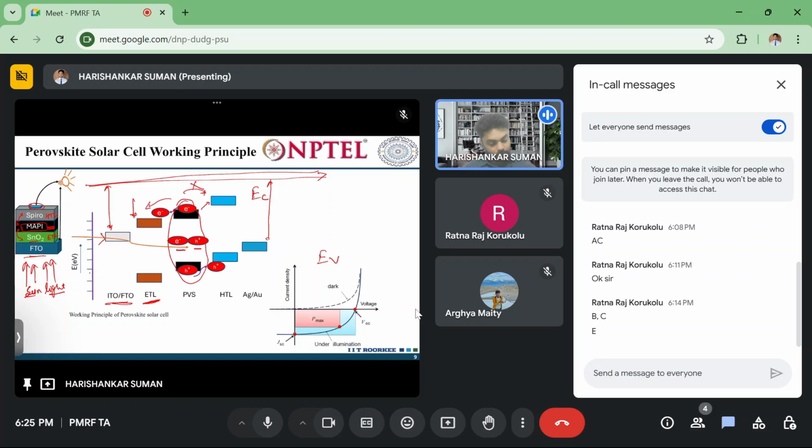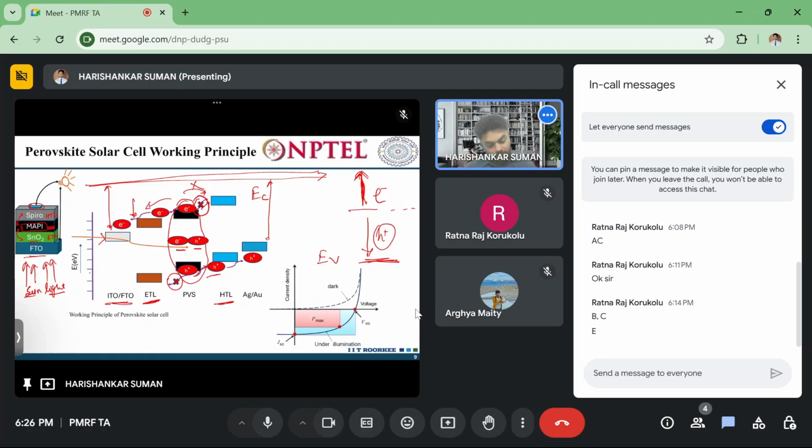With respect to hole energy, electron energy is higher this side, but in the case of hole, energy is increasing in this side. So this is lower energy for the hole. So the hole goes from here to the HTL layer. It doesn't go the other way because it has higher energy.